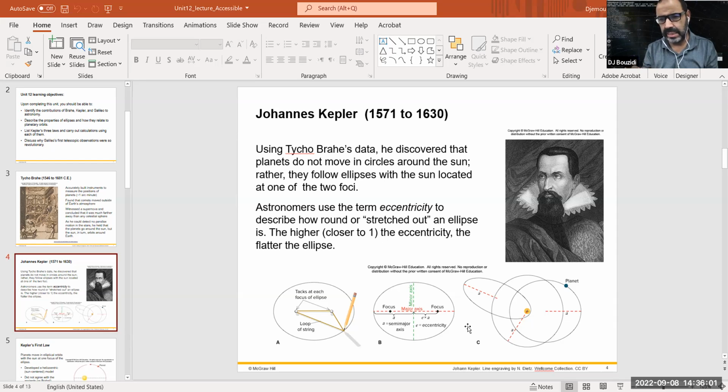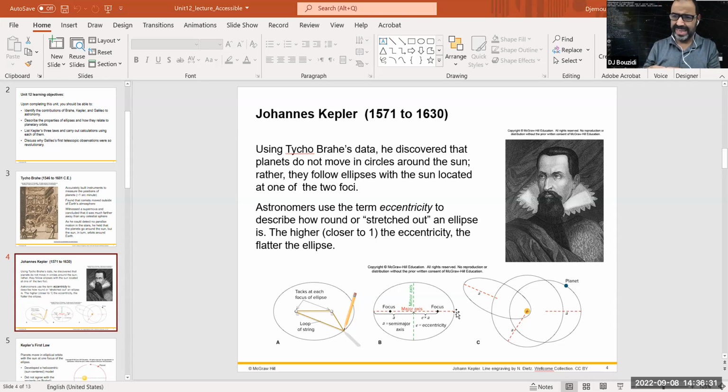So the eccentricity of a circle is exactly 0, because it is 0 divided by the radius. The semi-major axis is the same as the semi-minor axis in the case of the circle. So the circle is a special case of an ellipse. The only difference is that the eccentricity is exactly 0. That's all.